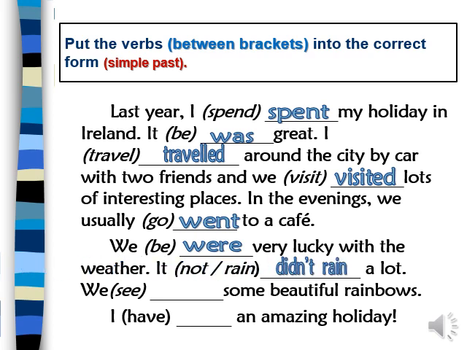Perfect. It didn't rain a lot. We see some beautiful rainbows. Perfect. We saw some beautiful rainbows. I have an amazing holiday. Who can answer? Perfect. I had. Had is the second form of the verb have.